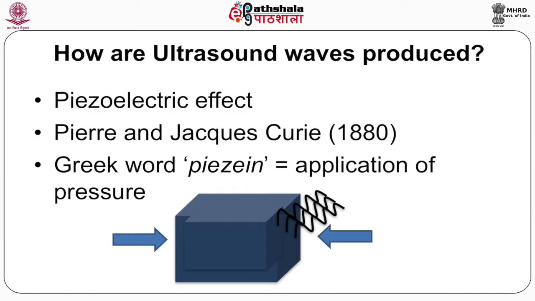The physical principle which underlies the production of ultrasound waves is known as the piezoelectric effect. This piezoelectric effect was discovered by two physicists, Pierre Curie and Jacques Curie, back in the year 1880. The Curie brothers were working with quartz crystal, and they observed that when the crystal was subjected to deformation, it led to production of a brief electric pulse.